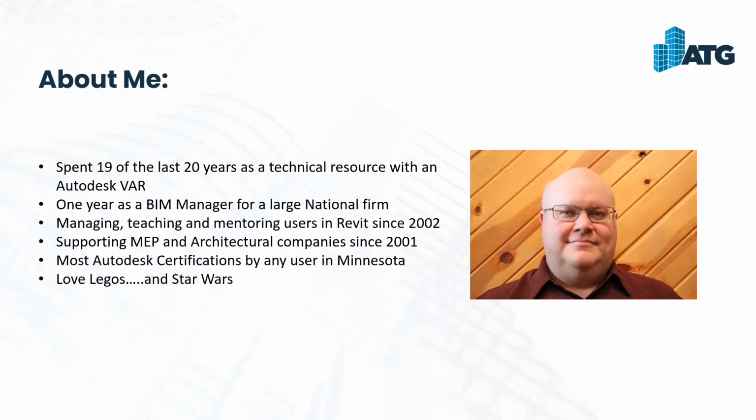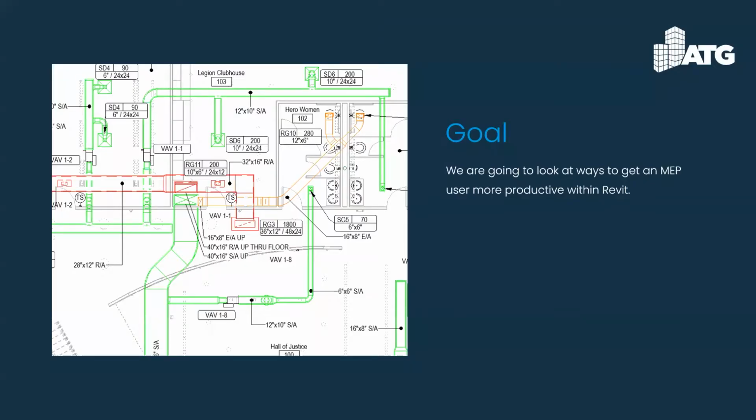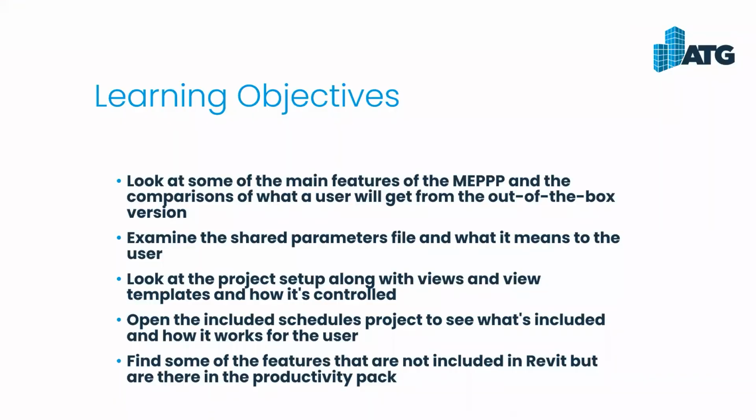So our goal today is, obviously, let's see how we can get more productivity within Revit on the MEP side of things. I'm not going to bore you with a bunch of PowerPoints today.